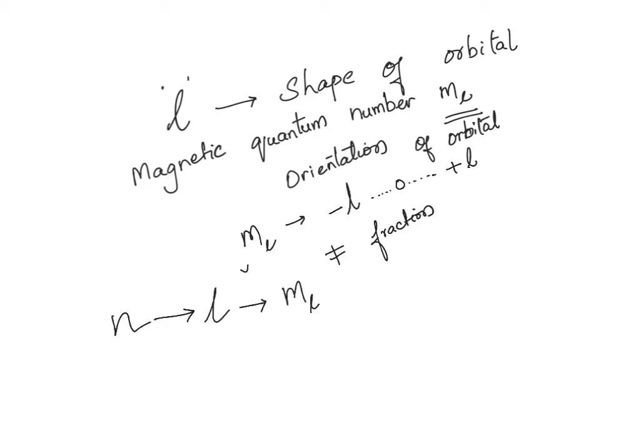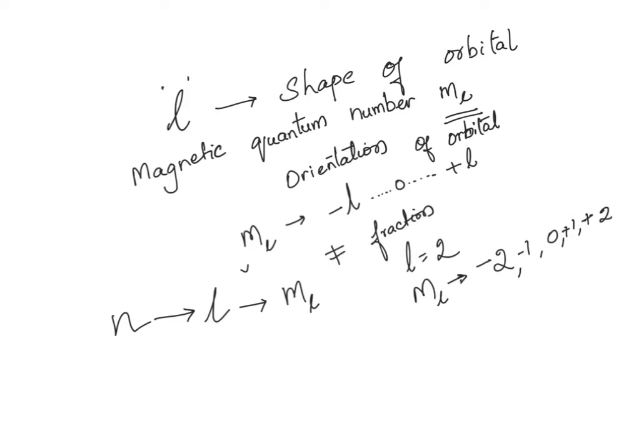So if the value of L is 2, then m sub L can go from negative 2 all the way to positive 2. So negative 2, negative 1, 0, positive 1 and positive 2.